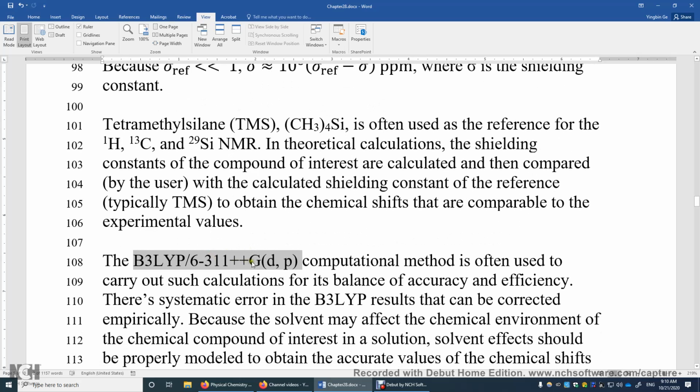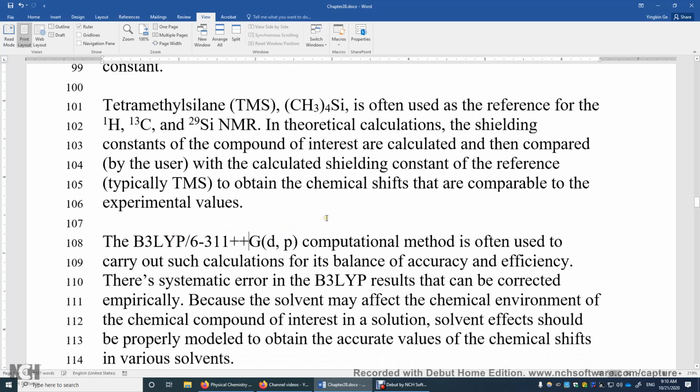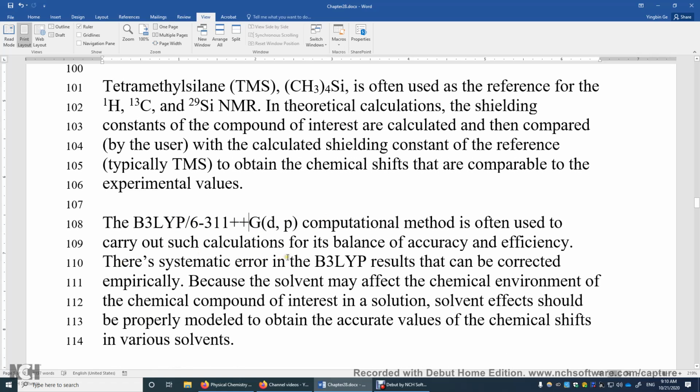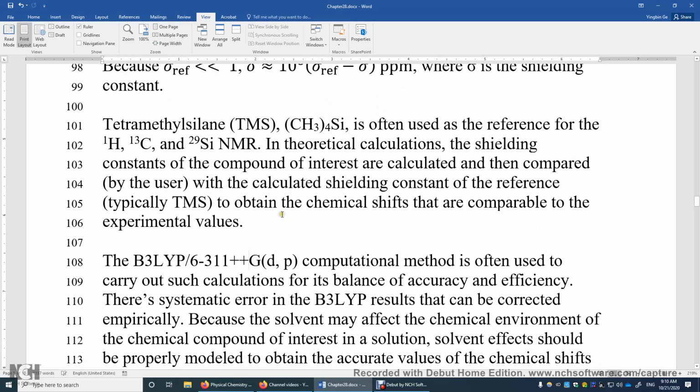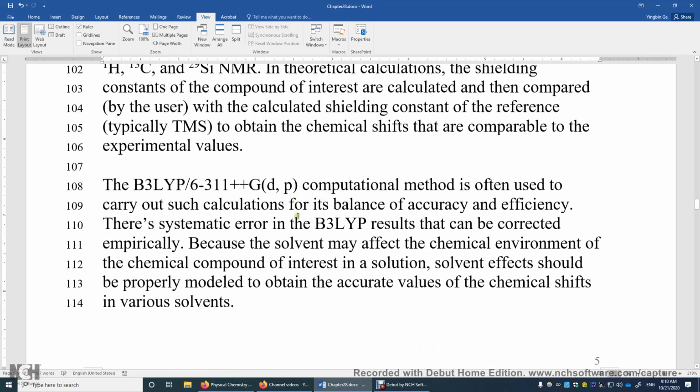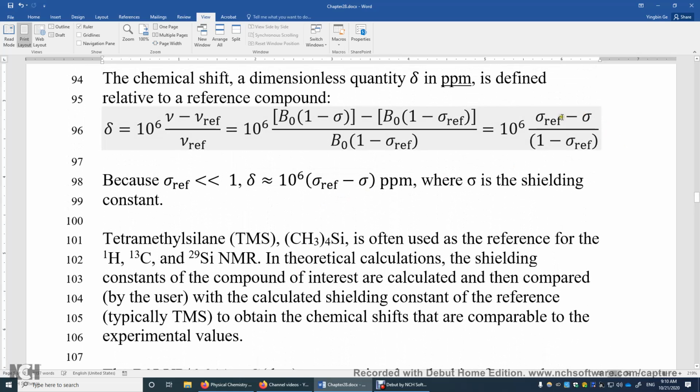And we use this method and this basis set to calculate the TMS first. We need to calculate the reference first. And then after we calculate the reference, we calculate the molecule of interest, and then we take the difference. So you use your TMS value minus the value of the molecule of interest.